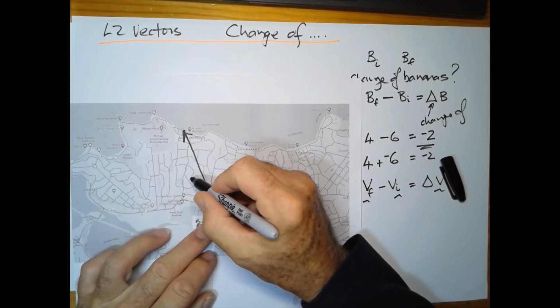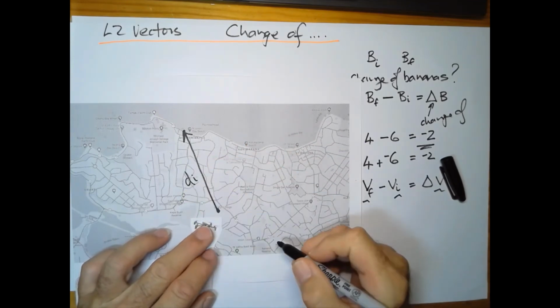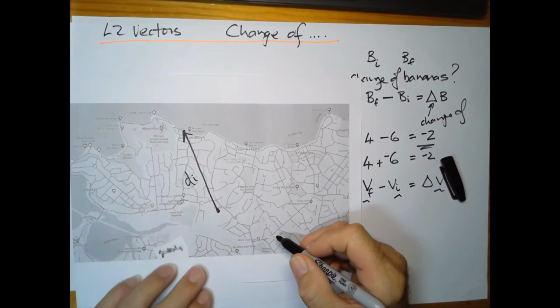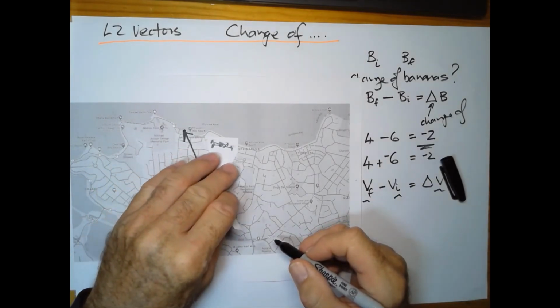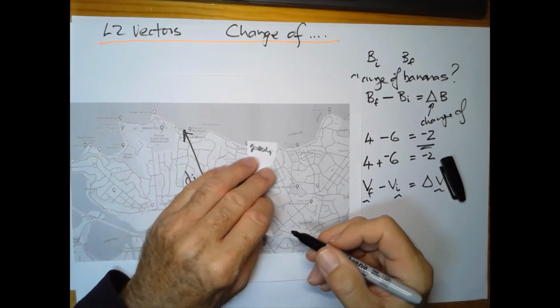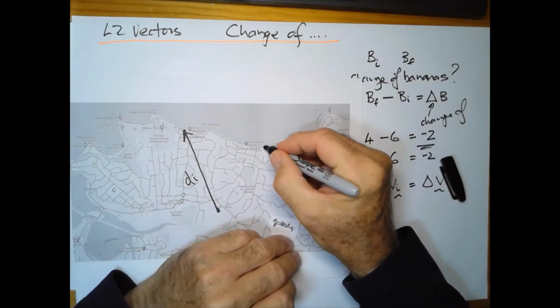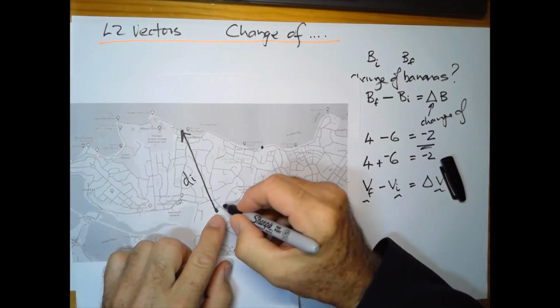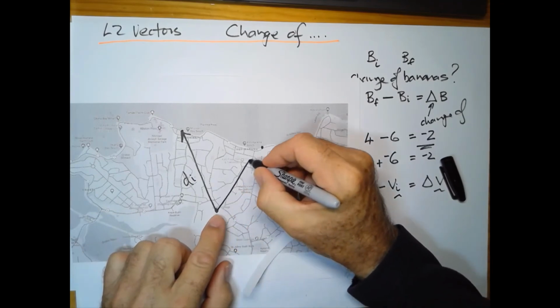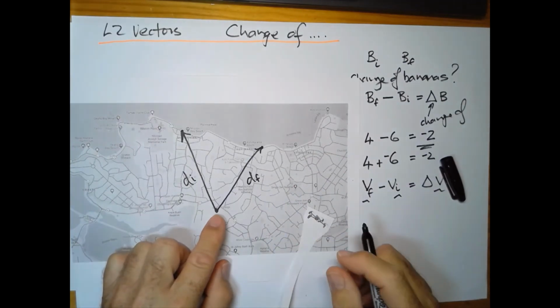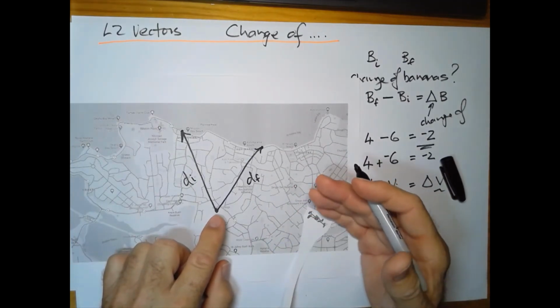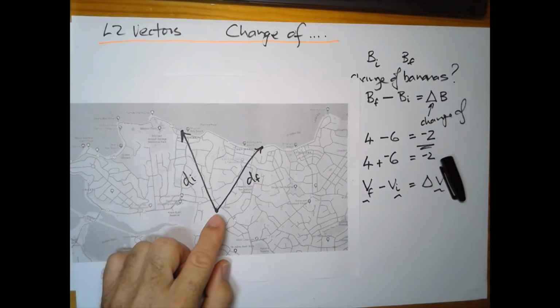So that's our initial displacement. And then we're going to fly it to the far end of Kauai Beach where the sailing club is. So our final displacement is here. And we want to be able to calculate the change of displacement.